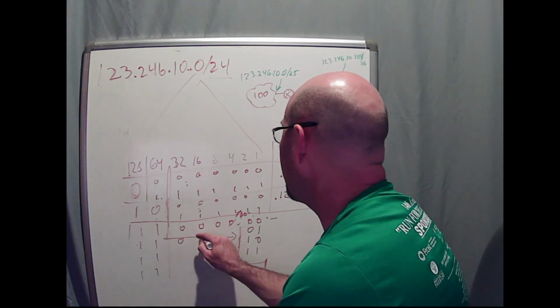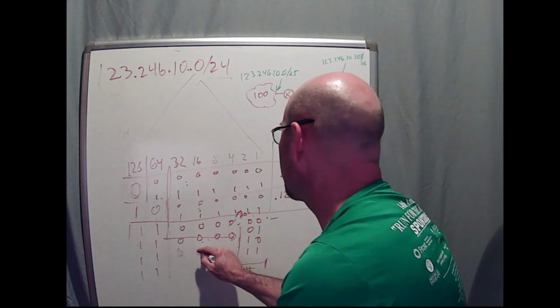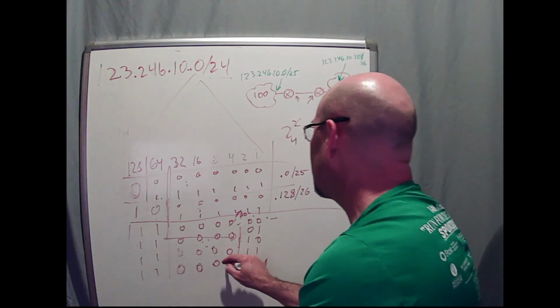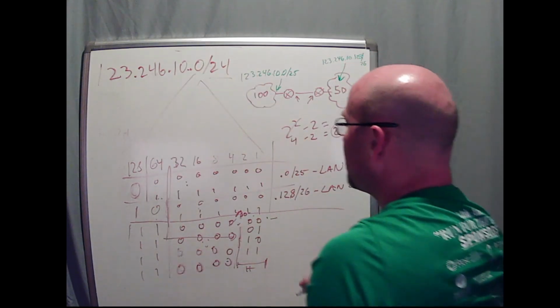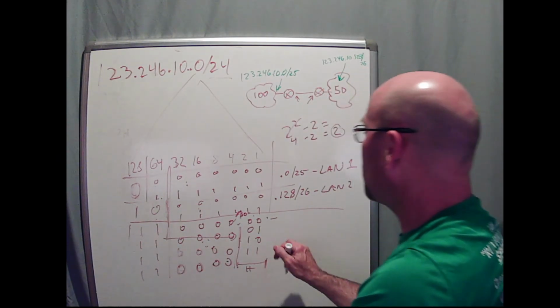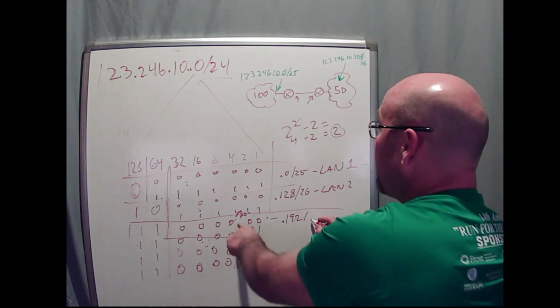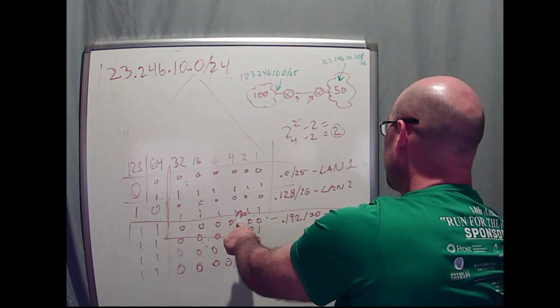You have to add up all these zeros in here. Excuse me, all the ones all the way across to get the whole conversion back to decimal for that octet. Okay, so 128 plus 64 is 192. Dot 192 /30. This is for the WAN link.